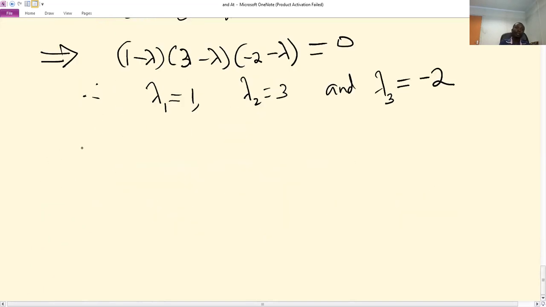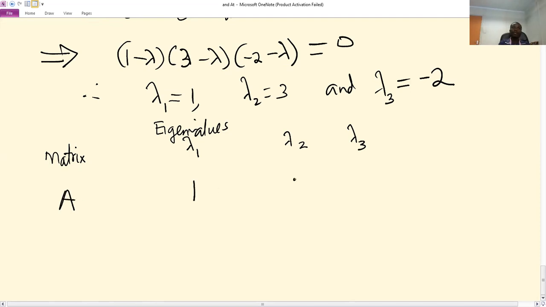So we have lambda 1, lambda 2, lambda 3. There are only 3 of them. We have matrix A, with lambda 1 equal to 1, lambda 2 equal to 3, lambda 3 equal to minus 2.